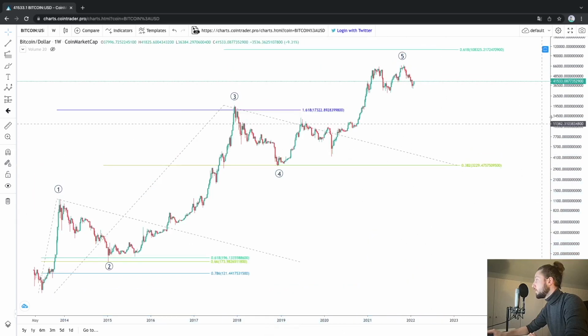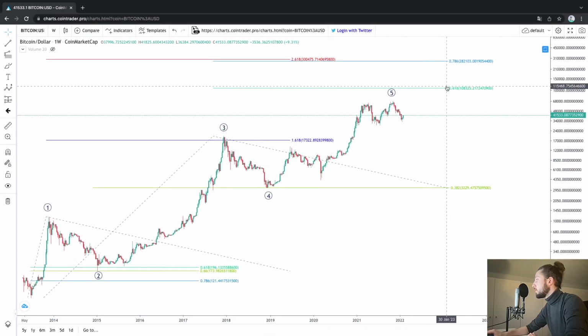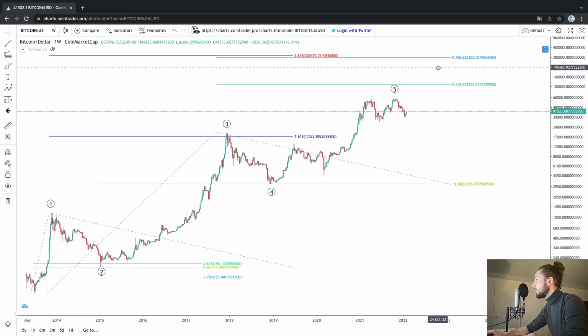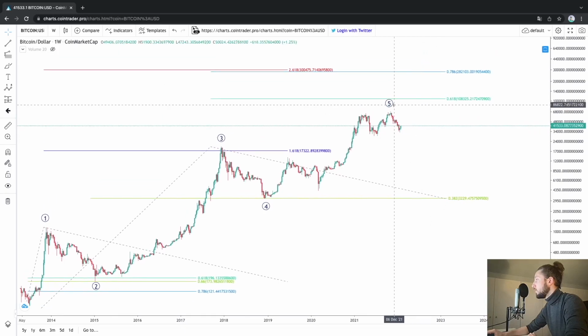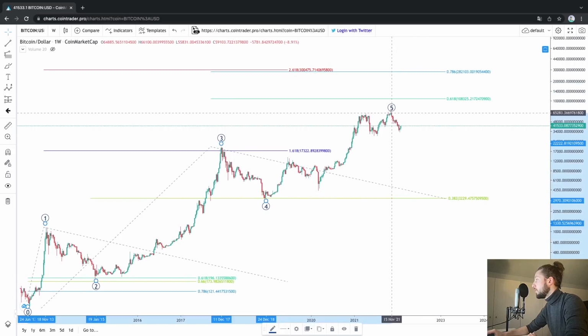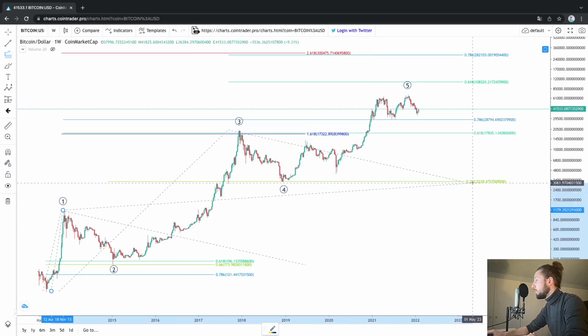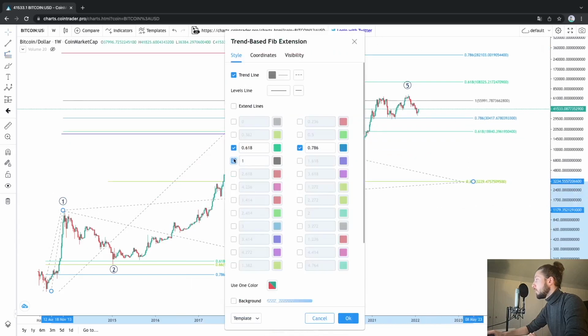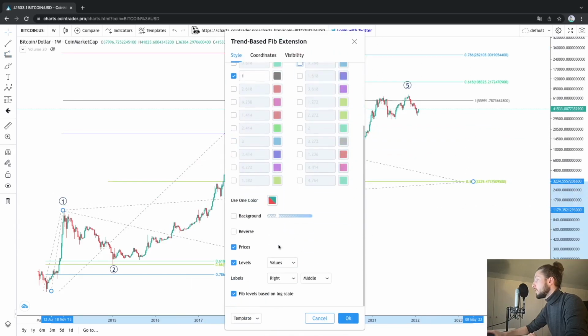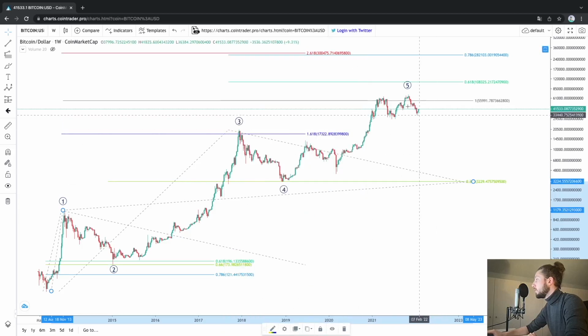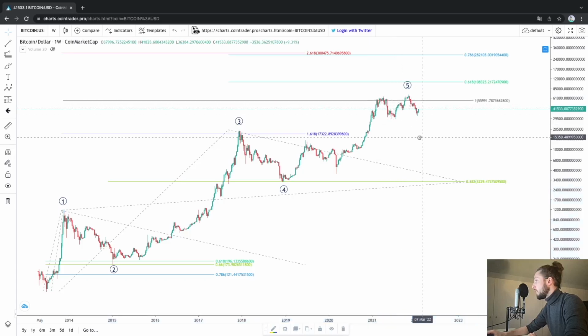We haven't reached that 0.618 or the 0.786 yet. So either we can still go towards that one, or we do have another probability or strategy to count this. We start from wave 1 towards the top, towards the bottom of wave 4, and we measure that 1-to-1 extension. And in here we can see that we touched that 1-to-1 extension and then started going down.